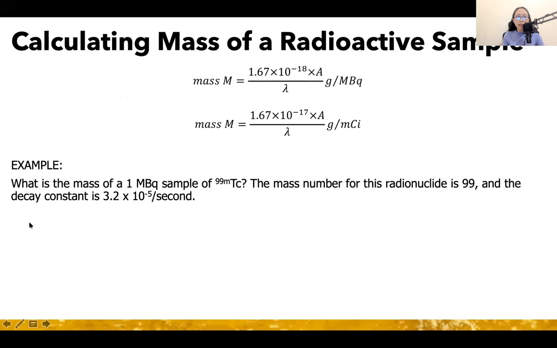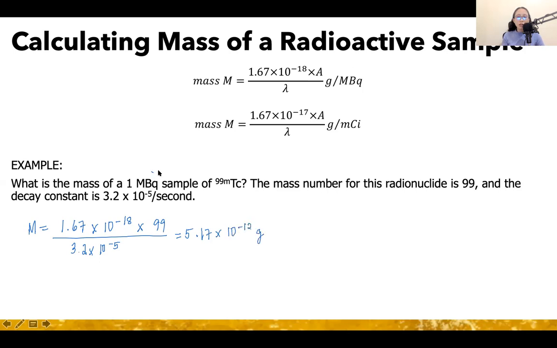So we have mass M equals 1.67 times 10 raised to negative 18 times the mass number, divided by the decay constant, 3.2 times 10 raised to negative 5. And this will give you 5.17 times 10 raised to negative 12 grams.